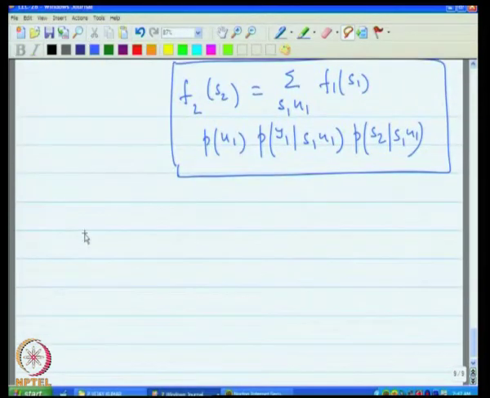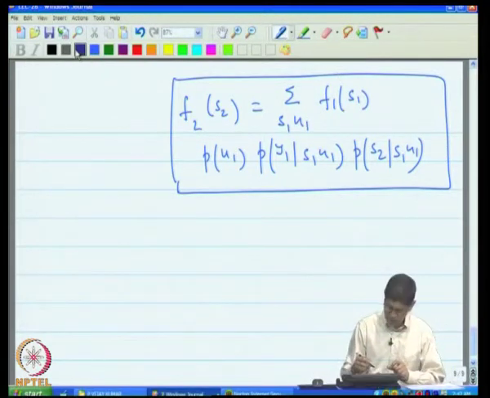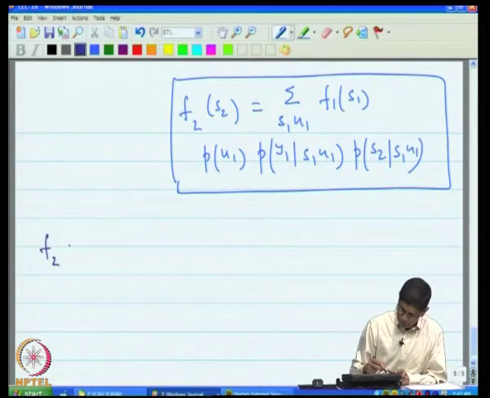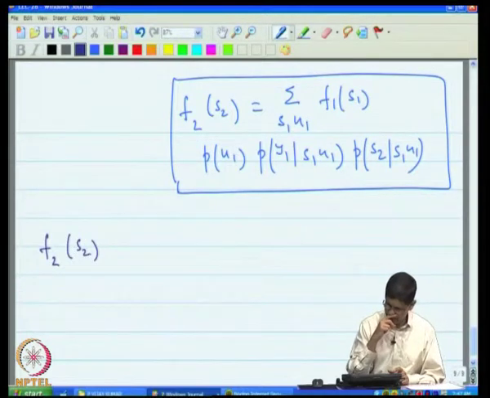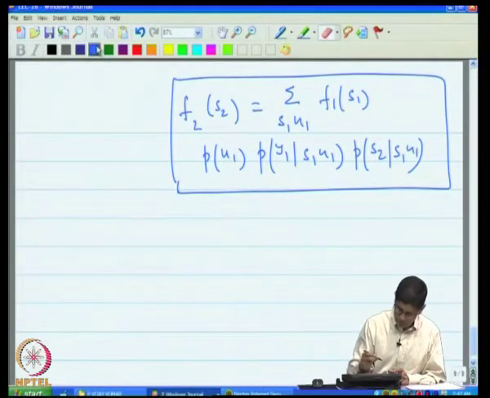Okay. So, we have that formula here, and first I want to rewrite it as f2 of S2. Maybe I should choose the blue to be consistent.